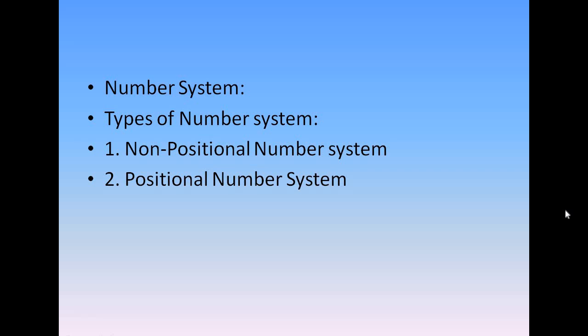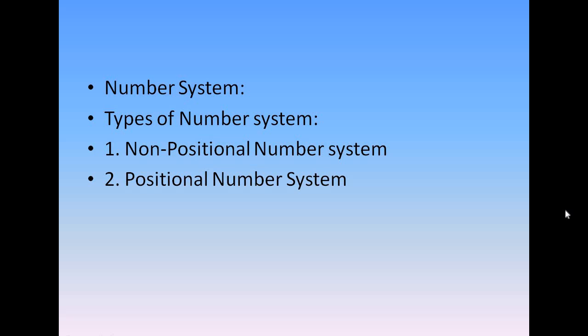Every computer stores numbers, letters and other special characters in a coded form, that is, binary form. To understand this binary representation, we should have a basic understanding of number systems. There are two types of number systems: non-positional number system and positional number system.